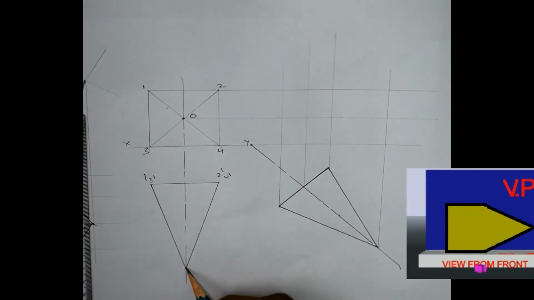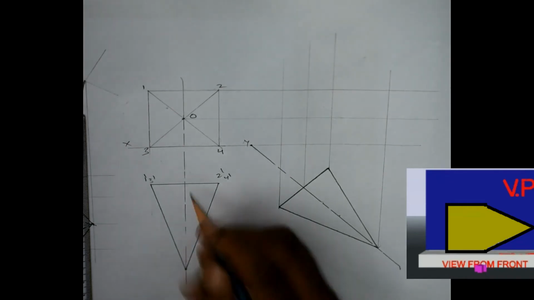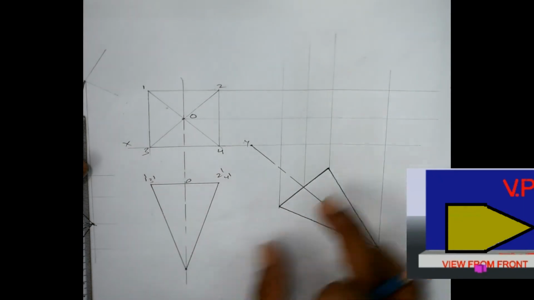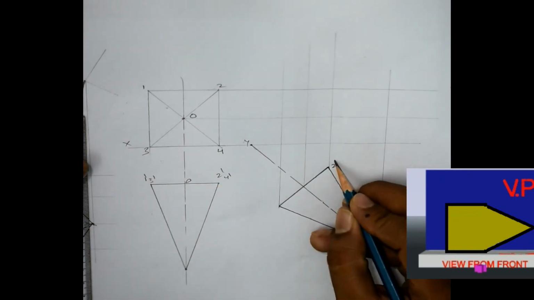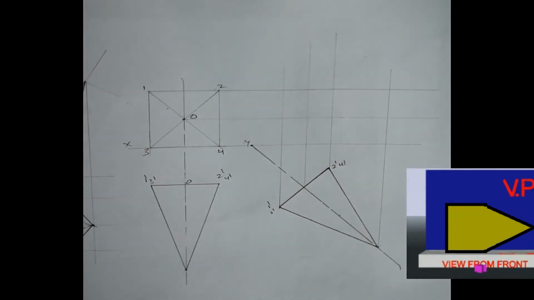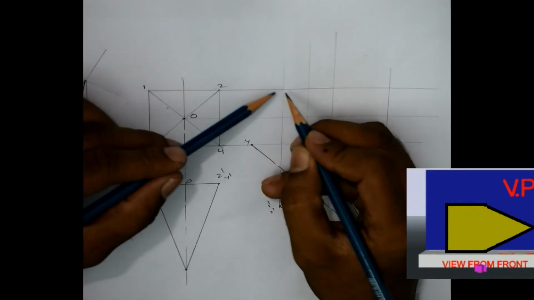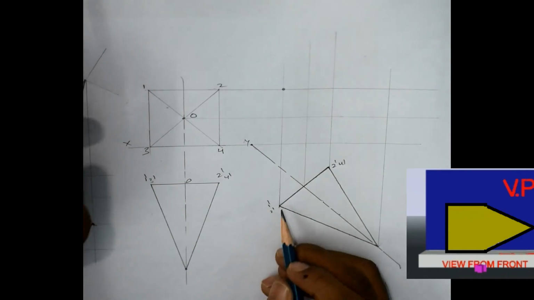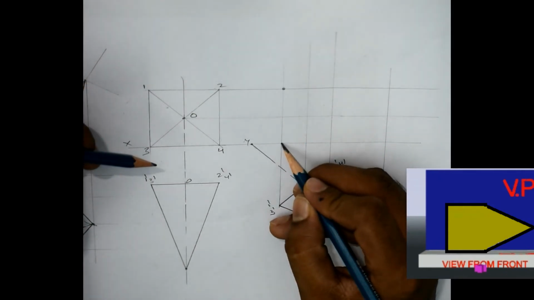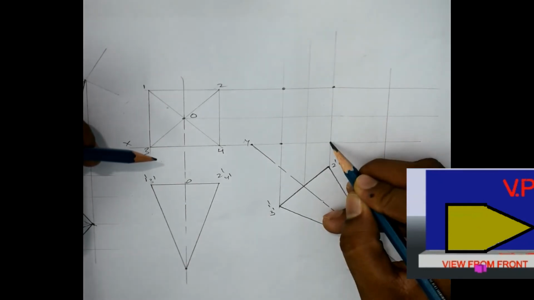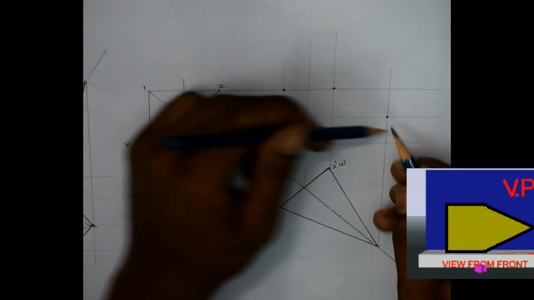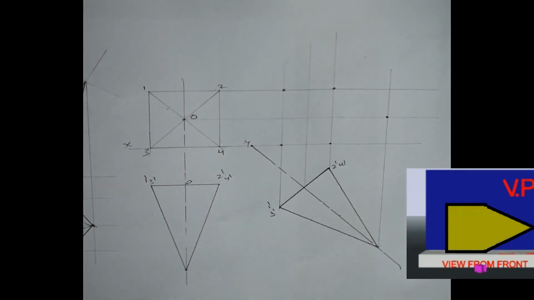You can name the center O as you wish. So here if I have tilted this in this direction, so this will become 2 dash, 4 dash and 1 dash, 2 dash. So 1 is coming from here and 1 is coming from here. This is your first point. Sorry, this is 3 dash. So this is 3, 2 and 4 and the apex point, because this is coming from this side, center.